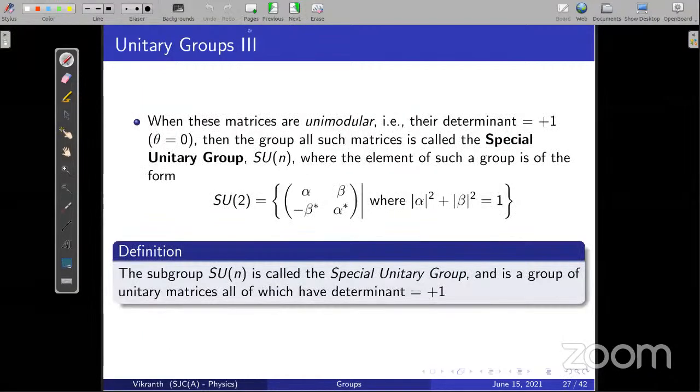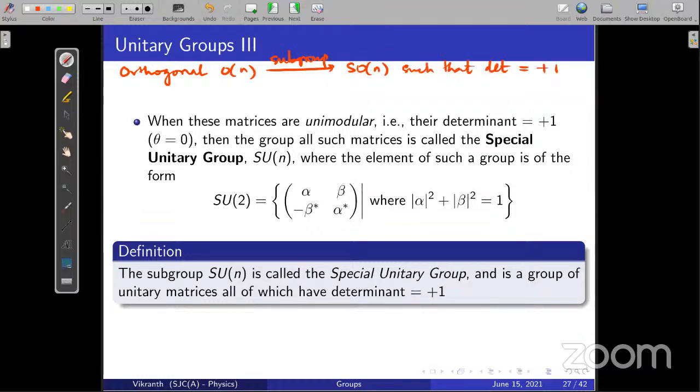Now, like we did for orthogonal groups, where we took a subgroup SO of n of O of n such that the determinant was equal to +1, you do the same thing for the unitary group as well.